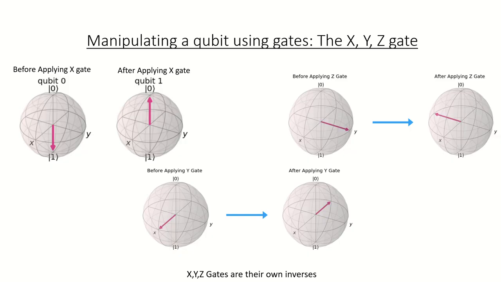So if we apply a gate to a vector, then apply some other gate and we get the same vector back, that other gate is the inverse of the previous gate. Since applying the x gate to a vector and again applying the same x gate gives the same vector back, the x gate is its own inverse, and so on with the y and z.